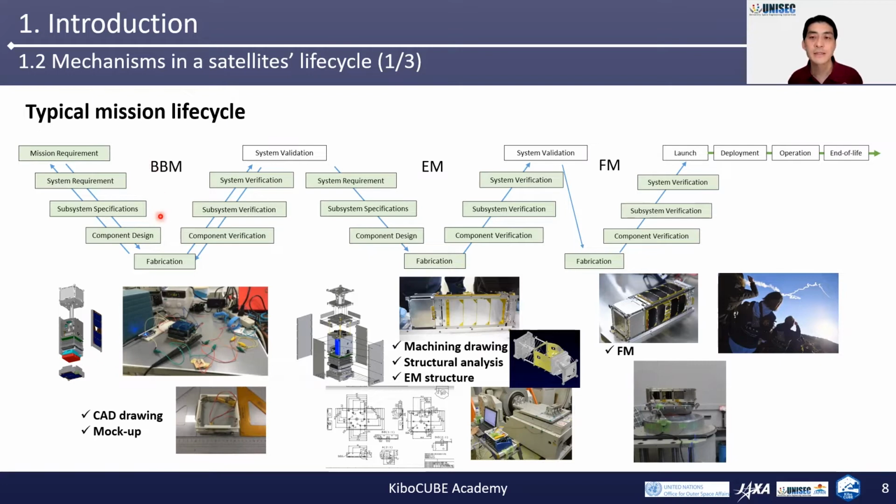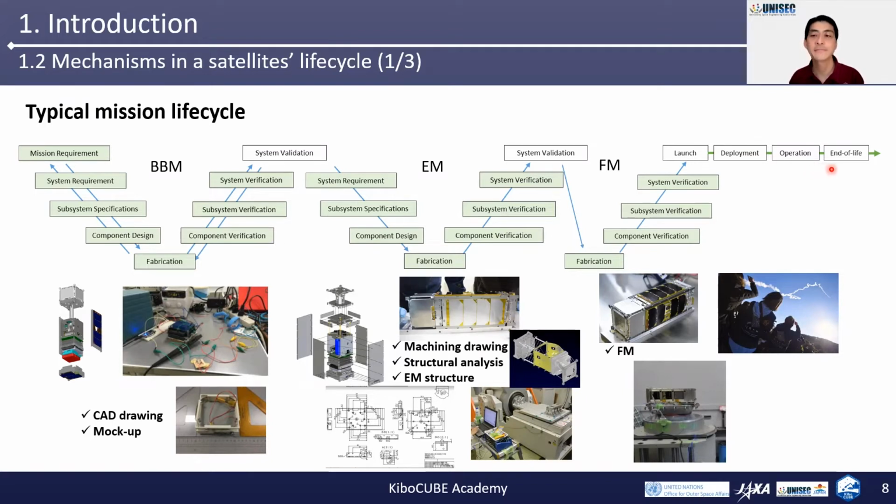This is an iterative process. An engineering model, EM, is developed for qualification of the design. Next, flight model, FM, is developed and tested for acceptance to a rocket. Then it is launched, the satellite is deployed from a rocket, and it is operated until the end of life of the satellite.